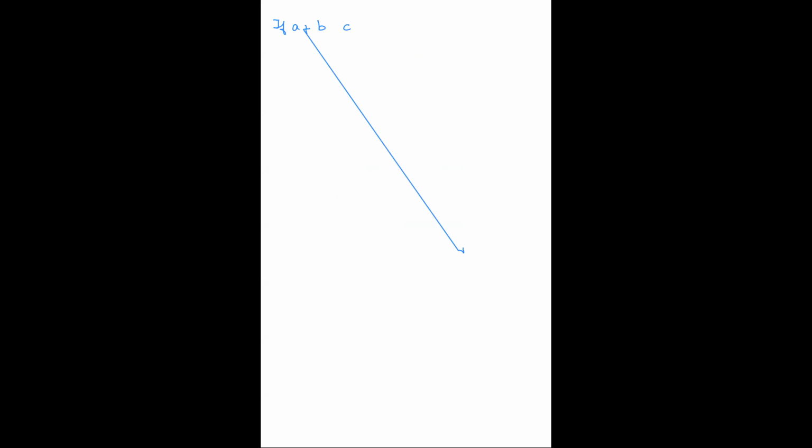And suppose their sum is equal to 0, then you know what is the sum of the cube of all three terms? Then A cube plus B cube plus C cube.